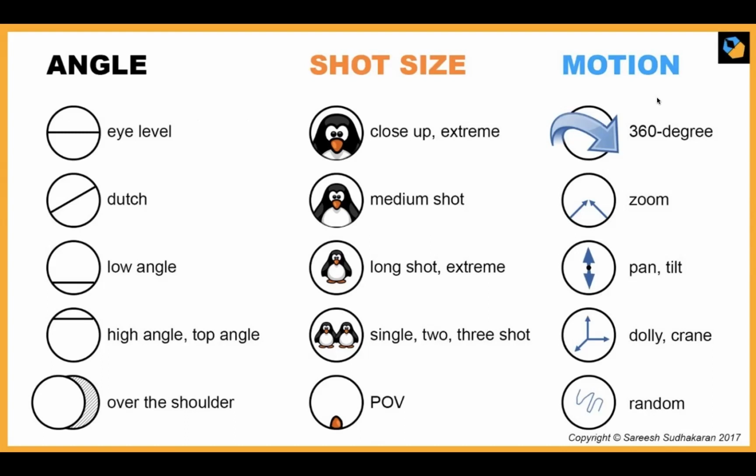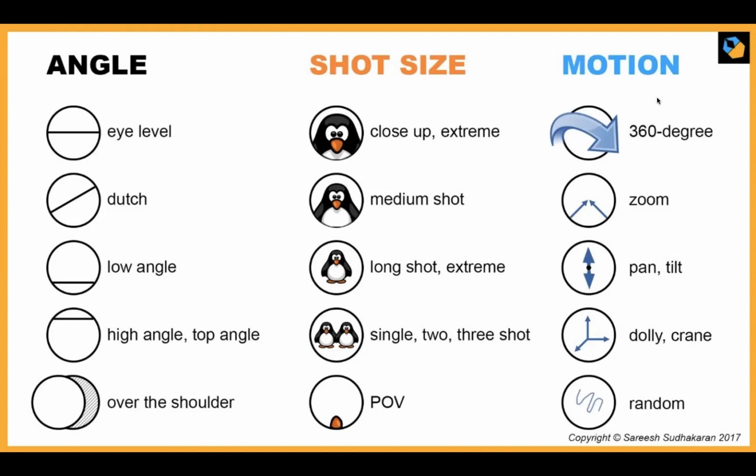You have low angle, high angle. Again, it's a power dynamic. It also allows you to see from different perspectives. And then you have over the shoulder. And this is usually done when two characters are talking to each other and you switch back and forth.